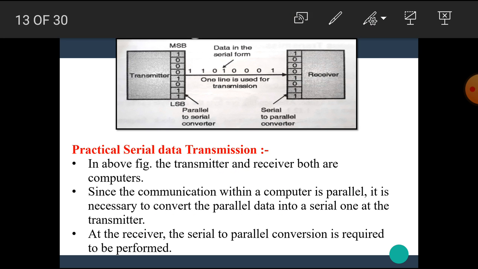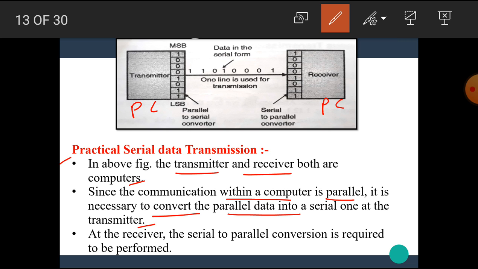Now let's see the practical serial data transmission. Here in the above figure, the transmitter and the receiver both are computers. Since the communication within the computer is parallel, it is necessary to convert the parallel data into serial at the transmitter.